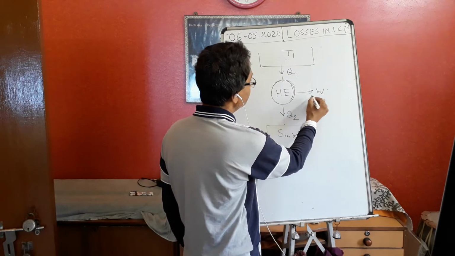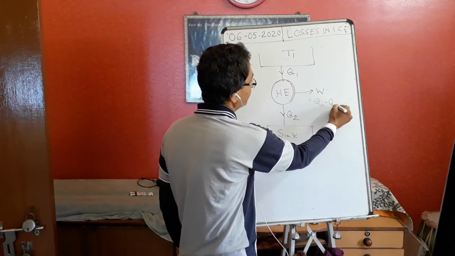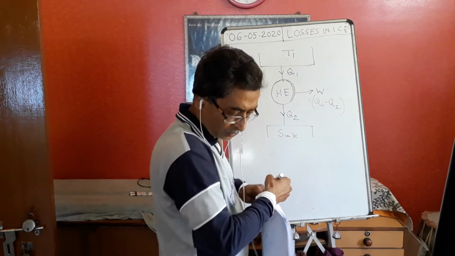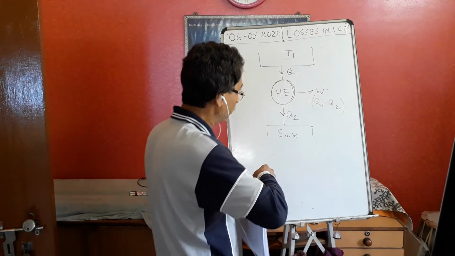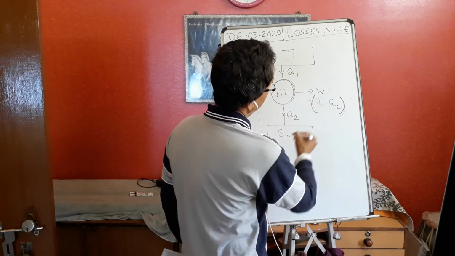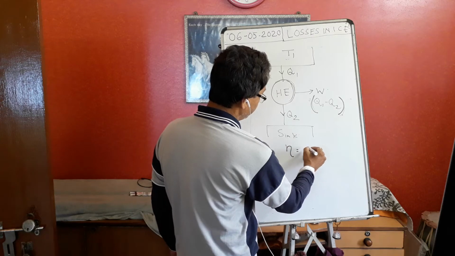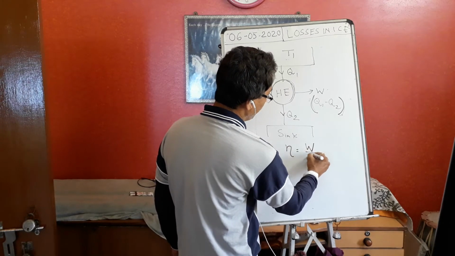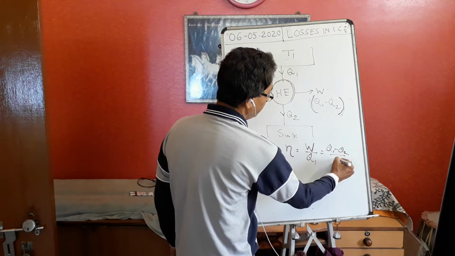So W is nothing but Q1 minus Q2. And the efficiency in this case is W by Q1, that is Q1 minus Q2 by Q1.